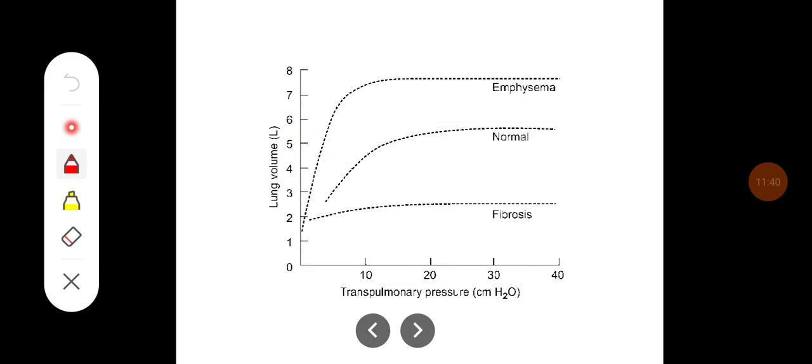This diagram shows the relation between transpulmonary pressure and increase in lung volume. This is the normal curve, whereas it is shifted to the right in fibrosis, where not much expansion of the lung occurs with increase in transpulmonary pressure. And the curve shifts to the left in emphysema.